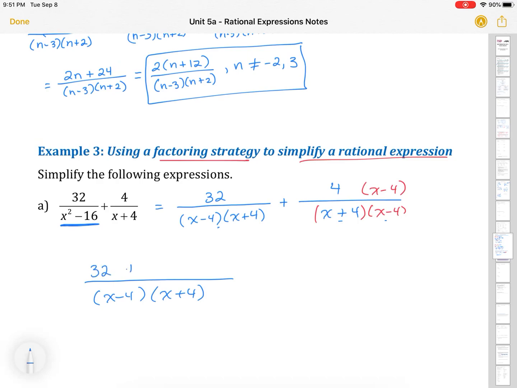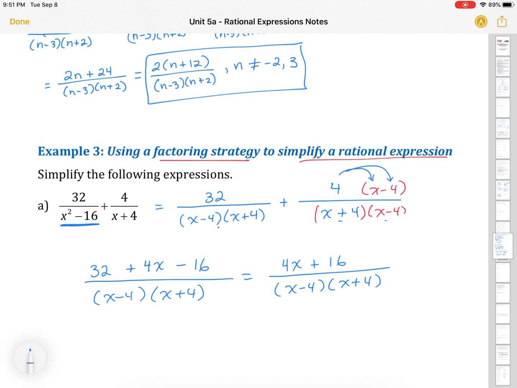And I have 32 plus, and if I distribute this 4, I'm going to get 4 times x, which is 4x, and then 4 times minus 4, which is minus 16. So when I simplify that, I have my x minus 4, x plus 4, and I'm going to get 4x, I'll write the x's first, and 32 minus 16 is plus 16.